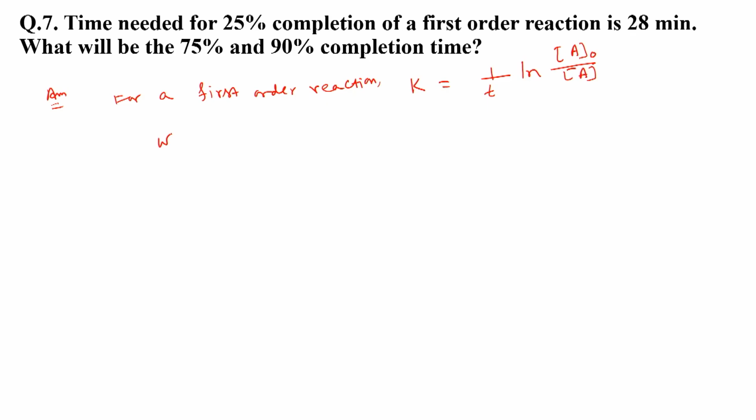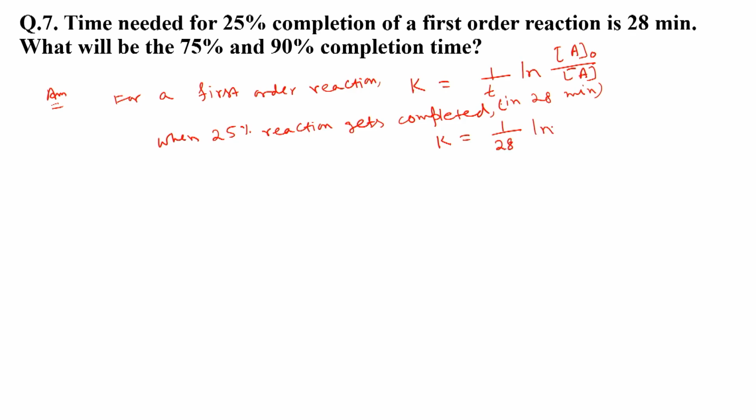So when 25% reaction gets completed, k is 1 by, so the 25% reaction completed in 28 minutes, right. So 1 by 28 ln.